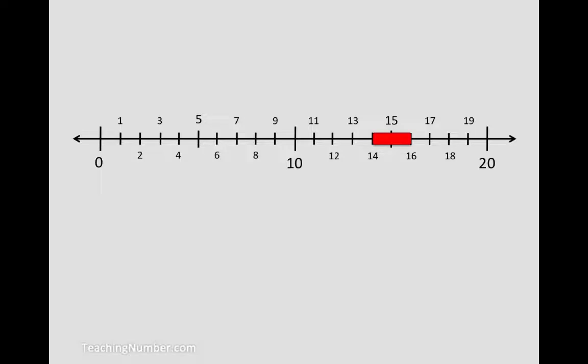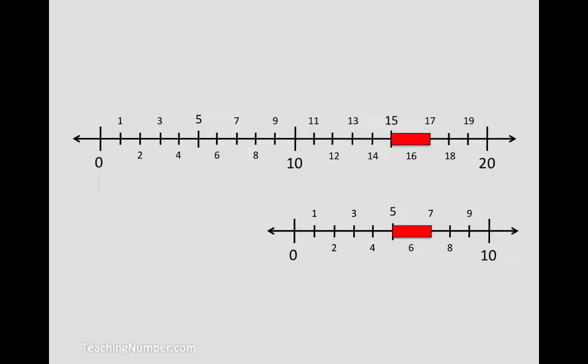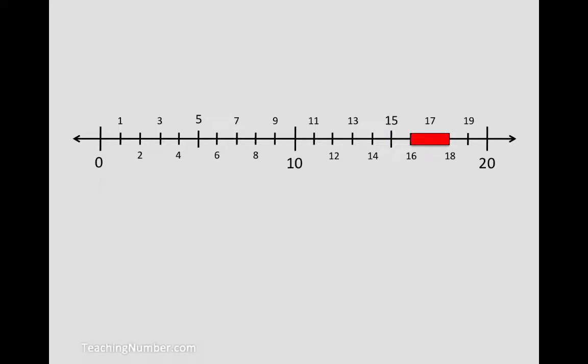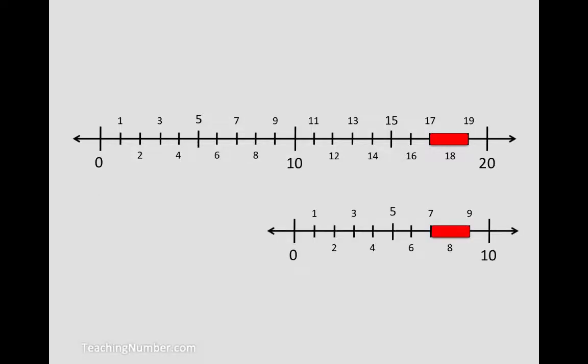The distance from 14 to 16 is the same as the distance from 4 to 6. The distance between 17 and 15 is the same as the distance between 7 and 5. 18 minus 16 is the same as 8 minus 6. 19 minus 17 is the same as 9 minus 7.